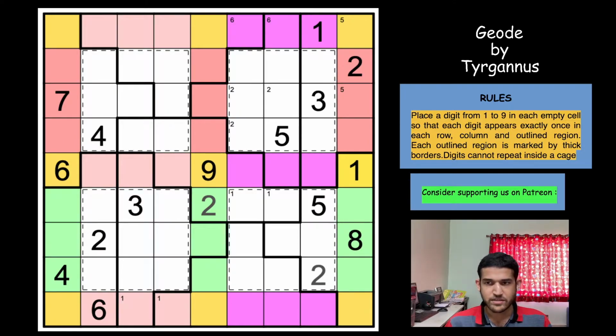So which means that this has to be a 2, because these, I don't know how to highlight them because we have already colored them. So because these 3 cells have a 2 in them, these 3 cells must also have a 2, and 2 cannot be in column 2. So 2 has to go here.